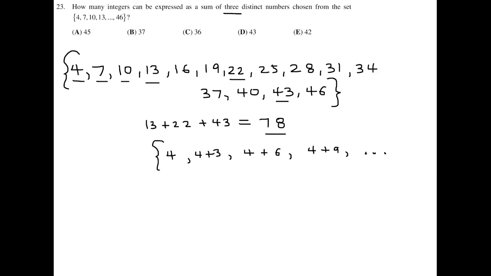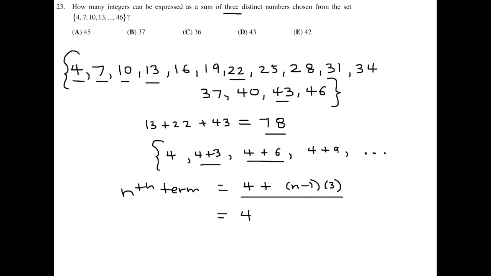So that means that the nth term in this set is equal to 4 plus n minus 1 times 3. Right, you can test this out. When n is 1, it'll be 4. When n is 2, it'll be 4 plus 3. When n is 3, it'll be 4 plus 6. So this is our formula for the nth term.